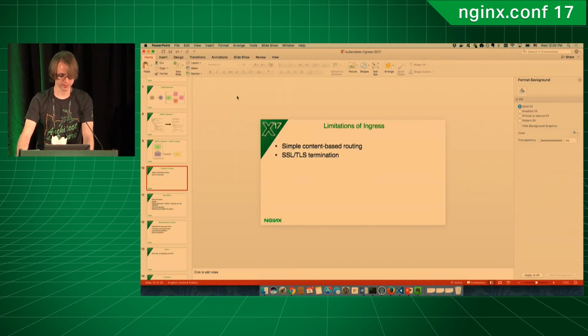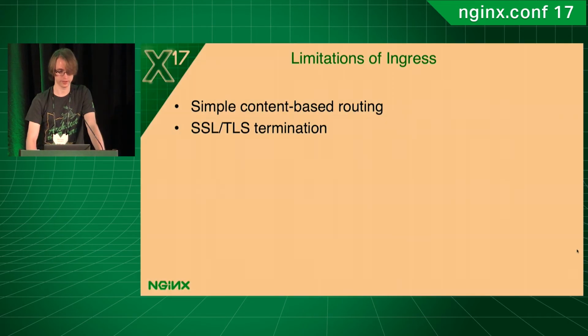Ingress doesn't provide any other features for you to use. So the question becomes, is it really important that we use NGINX here? Because this is very simple load balancing.